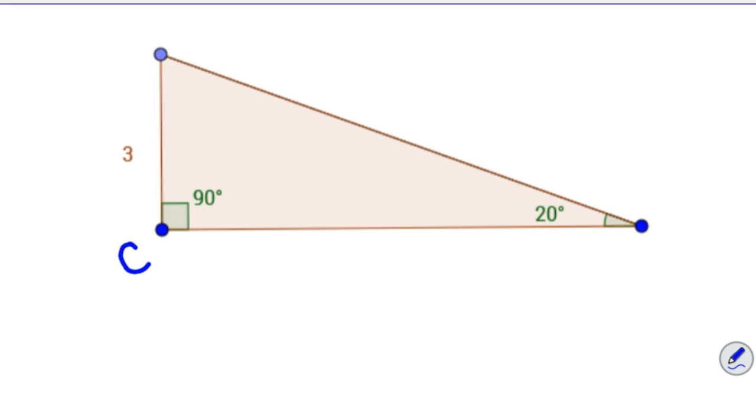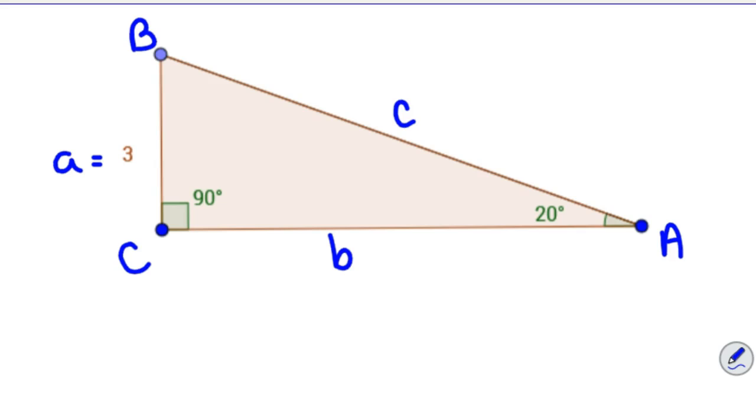So here would be capital C, here would be capital B, and here would be capital A. And we know that the lowercase letters are across from those big uppercase letters. So little a would be 3. Little c would be your hypotenuse, and little b would be this side down here because it's across from each of those.